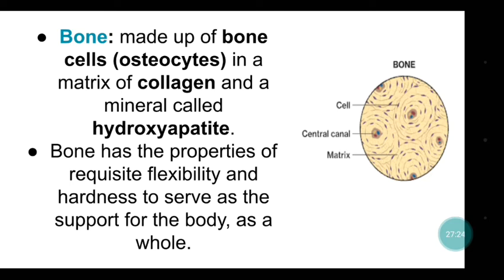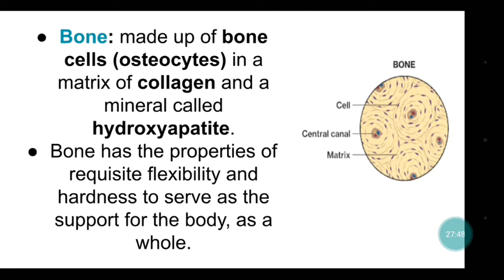Another connective tissue is the bone. It is made up of bone cells, known as osteocytes. The matrix of bone is made up of collagen and a mineral deposition made of hydroxyapatite.